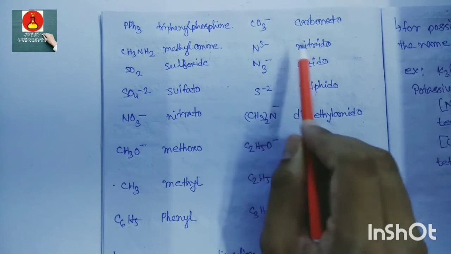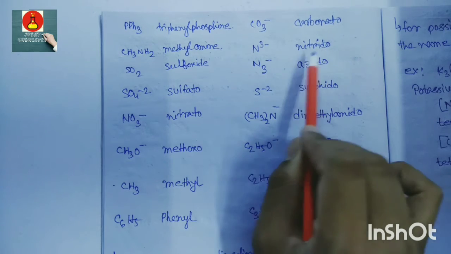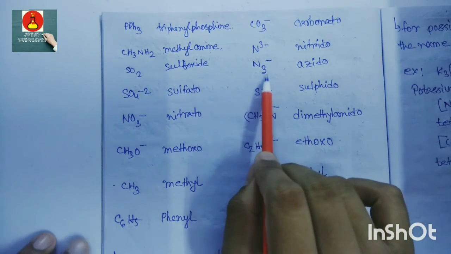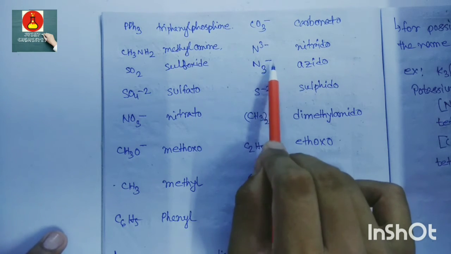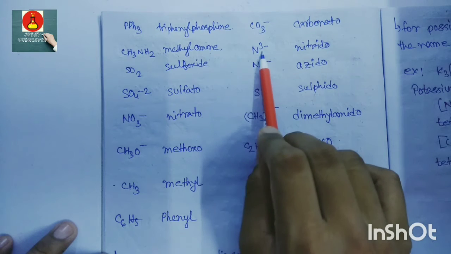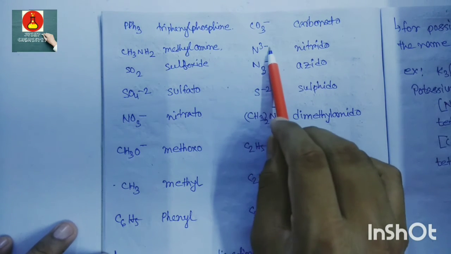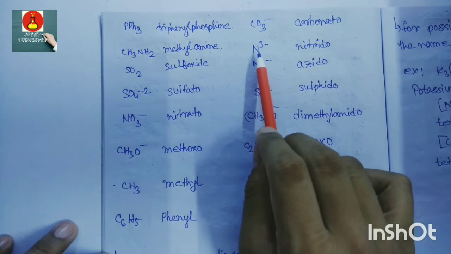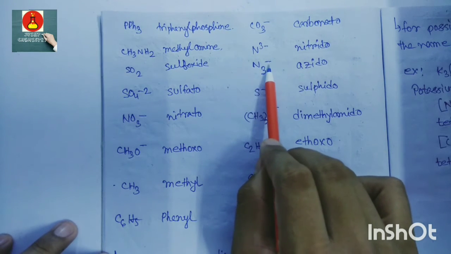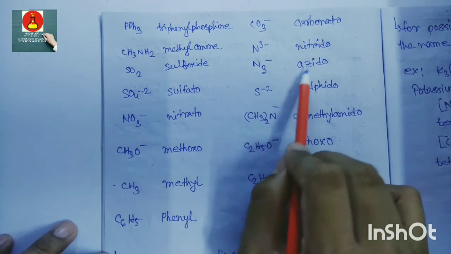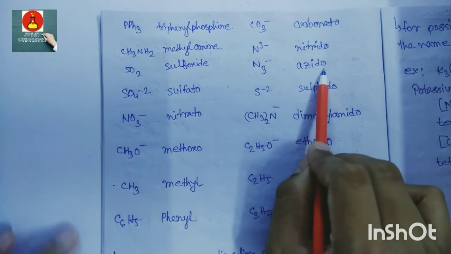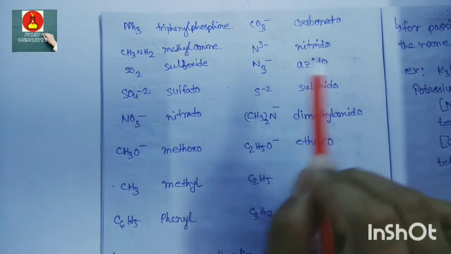N3- is azido, which is different from nitrido. In nitrido there is a 3- charge on one nitrogen, while in azido three nitrogen atoms share a 1- charge. It is azide, but named azido in IUPAC nomenclature.